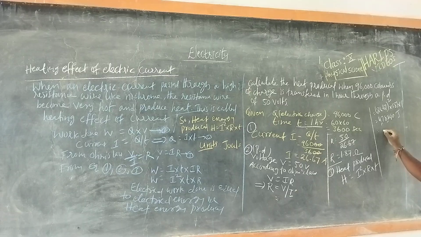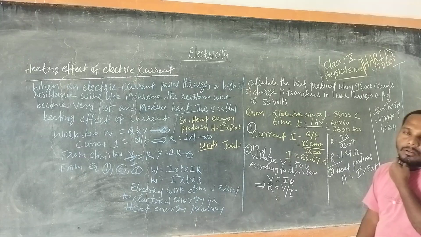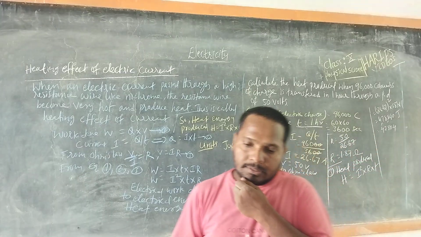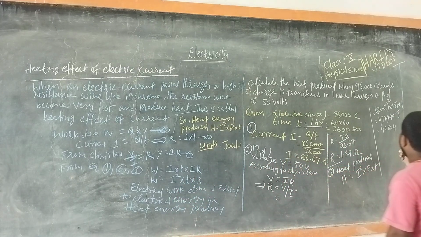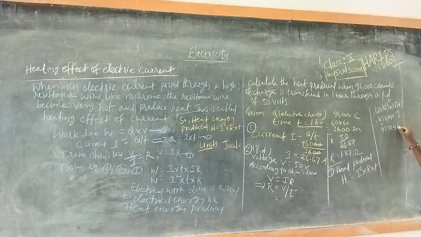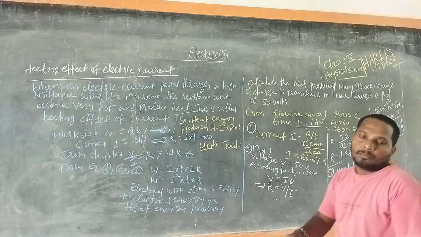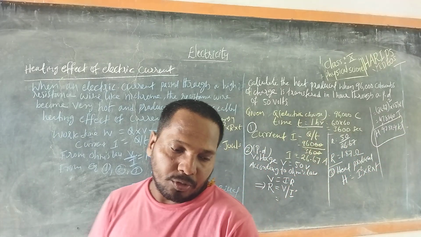This should be converted into kilojoules: 4,788.4 kilojoules. This is the amount of heat energy produced.